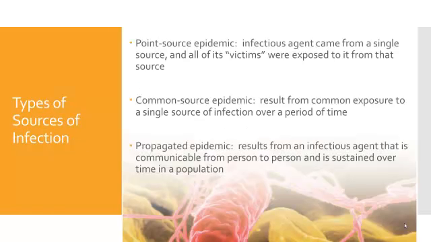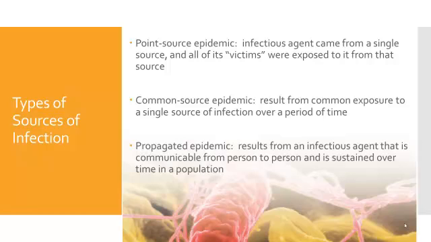So when an increase in disease is noticed, epidemiologists try to determine what type of infection is causing the disease. There are 3 main types of sources. The first of these is the point source, where a single source exposes many people, then spreads from there. This can be confused easily with common source. This is something that will expose a variety of people, but over a long period of time.